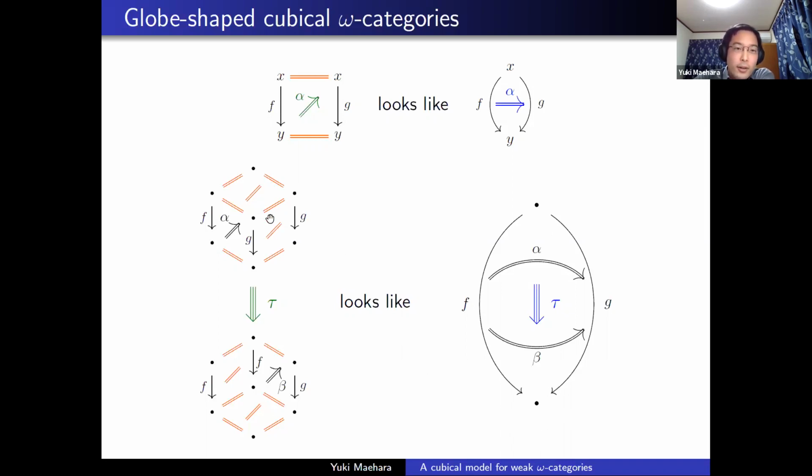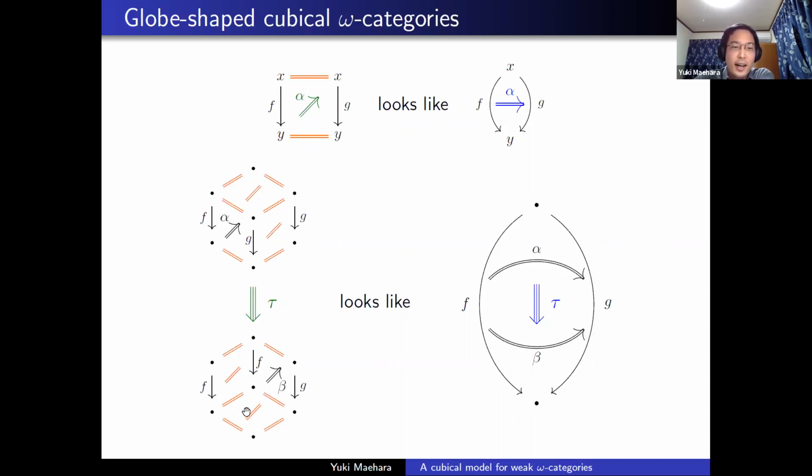And so the face on the right here is the identity on G. So this is really just this 1-cell going down G here. And similarly, on the opposite side is this F going again from top to bottom. And we also have alpha going from F to G and beta going from F to G.